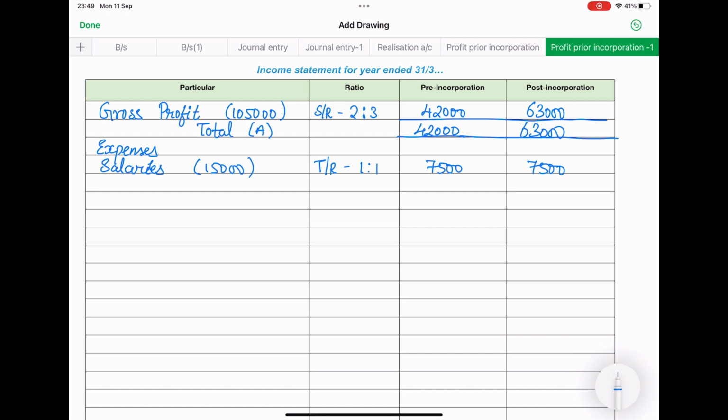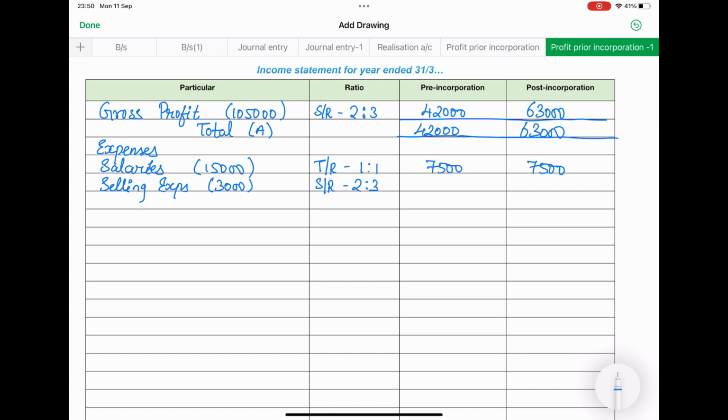Next we have selling expenses. Selling expenses we are going to calculate on the sales ratio. Total selling expenses are 3,000. On the sales ratio 2:3, so 3,000 into 2 by 5.